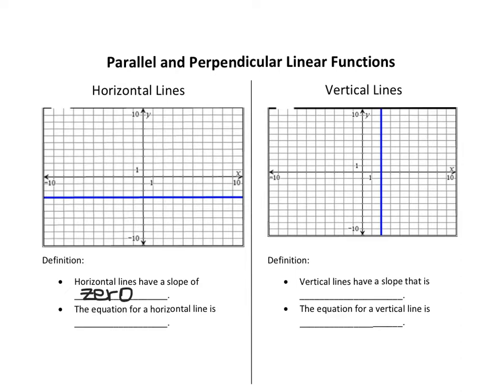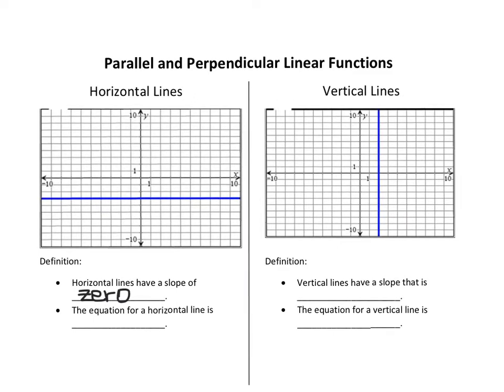And the equation, since it goes through the y-axis, is we have a y value that it crosses through. So we want to put y equals a number, but it has 0 for the slope. And so 0x is 0, and so we don't really write that down when we write our equations. So it's y equals the number that it goes through.